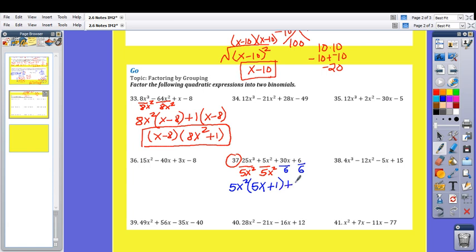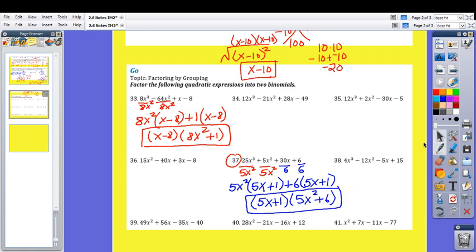Then here we took out 6 common, so 6 will go in 35 5 times, so 5x, and then plus 1. So this will be 5x plus 1 and 5x squared plus 6. Okay, this is how we do it.